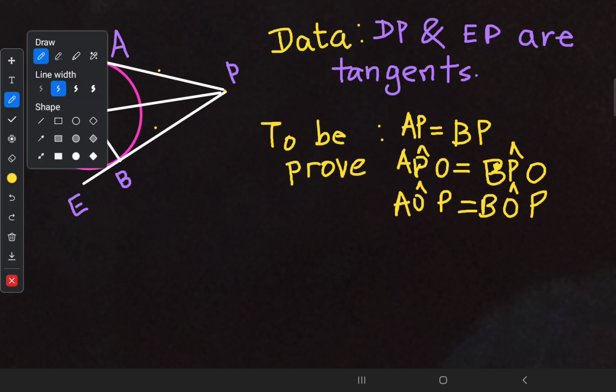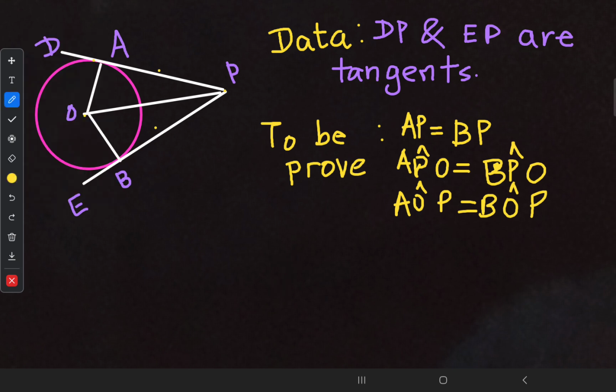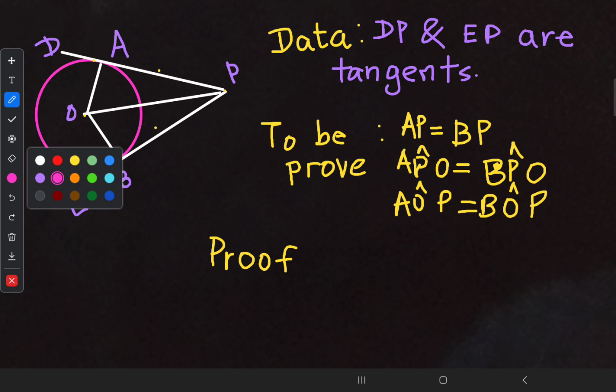Mostly the proving questions related to triangles are about congruence. Okay, prove. DCTP: data, construction, to be proved and proof. We omitted C, which means there is no construction needed for this one. So we are going to derive the proof.